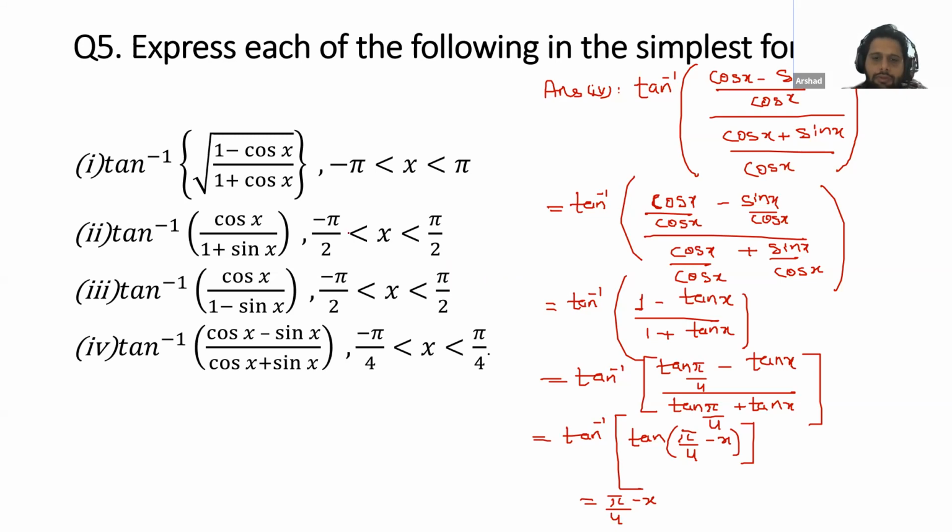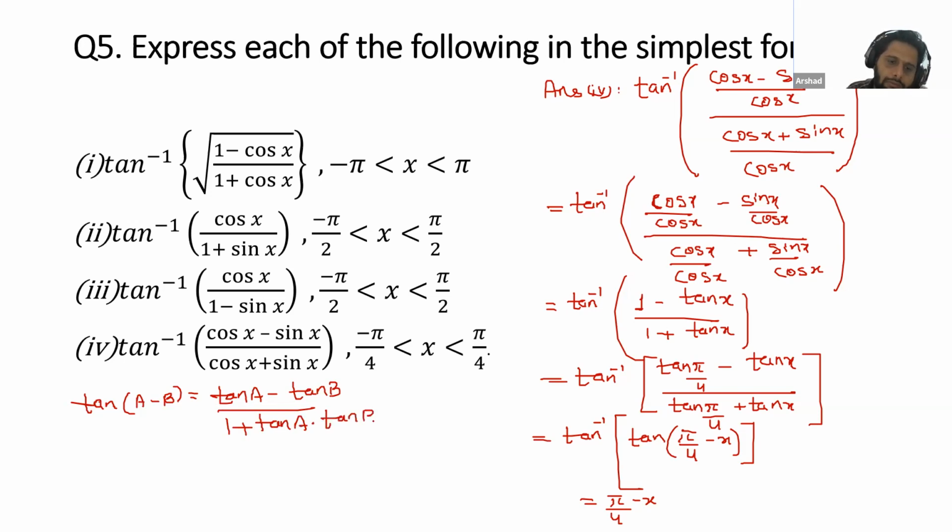How did the last step become tan pi by 4? Josefa, please check here. We have this formula that tan A minus B is equal to tan A minus tan B by 1 plus tan A into tan B. If you check tan pi by 4 minus x and put this formula, we will get tan pi by 4 minus tan x by 1 plus tan pi by 4 into tan x.